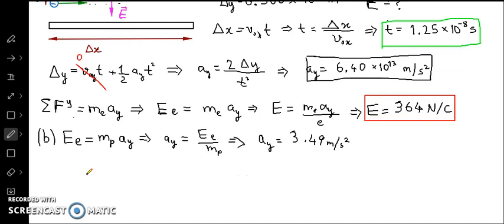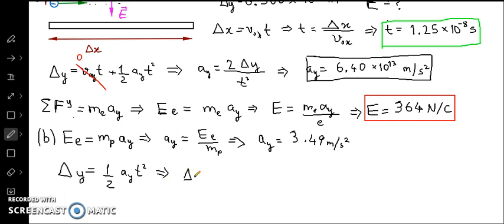Now we can go ahead and calculate the vertical distance by which the proton travels. Again, it is projected horizontally, so initially the vertical velocity is 0. Delta y is simply equal to 1/2 a t squared for the proton. t is the same for the reason I explained.